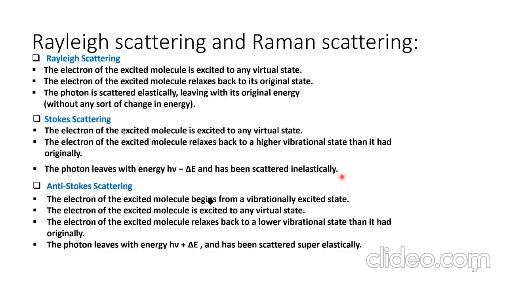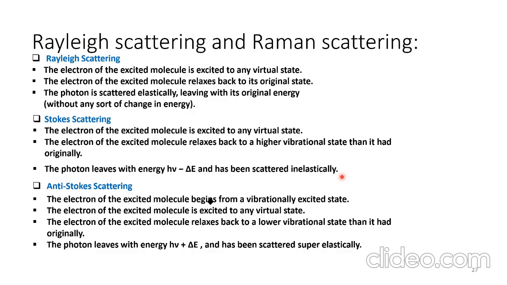But in the case of Stokes, the electron of the molecule is excited to a virtual state and then relaxes back to a higher vibration state than it had originally. The photon leaves with an energy of h nu minus delta e, that has been scattered inelastically. So in the Raman, basically inelastic collision happens.